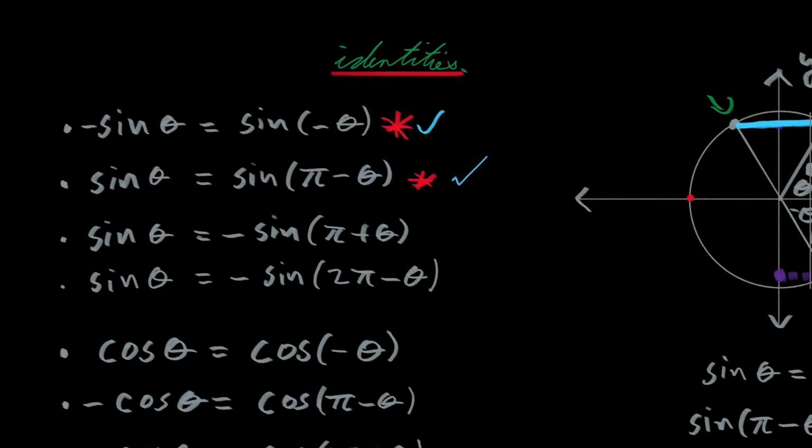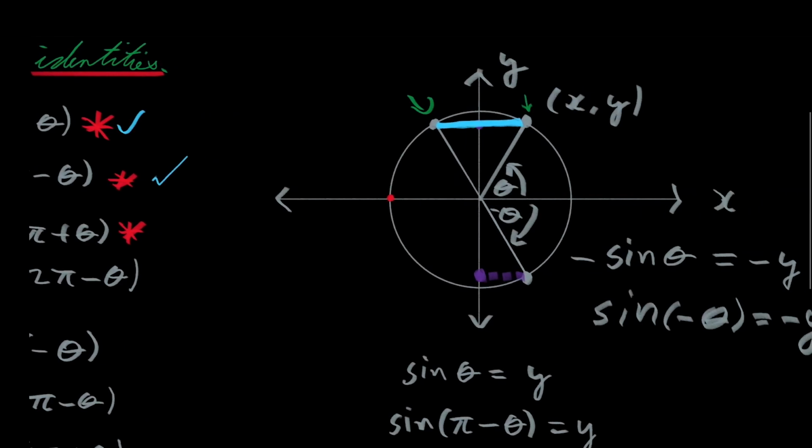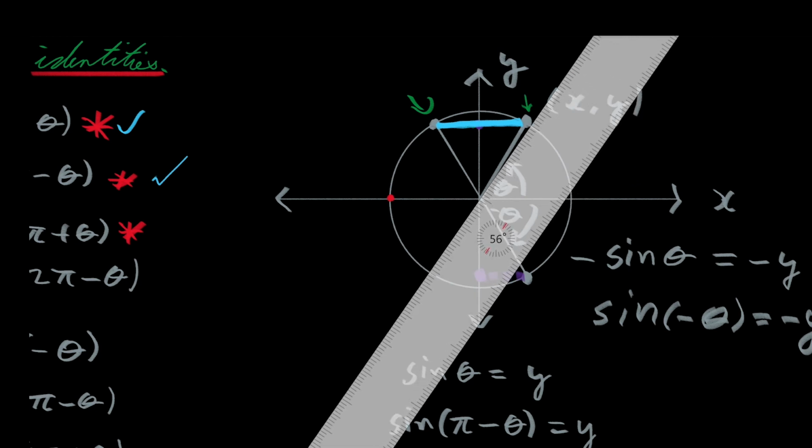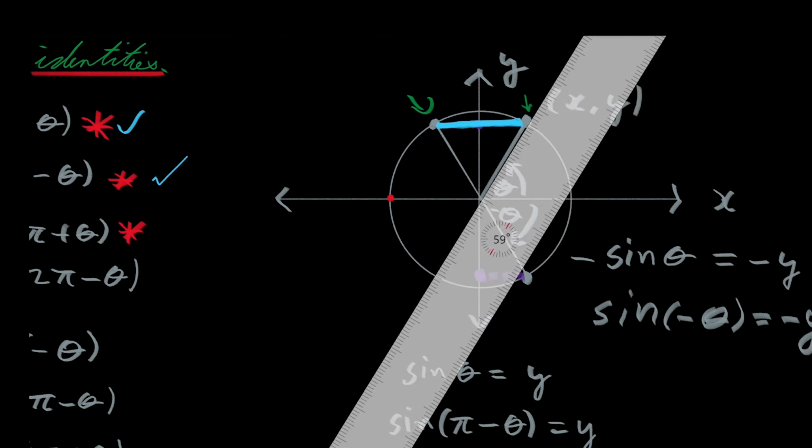Now, let's consider this one. The sine of theta equal to negative sine of pi plus theta. Well, let's consider pi plus theta. Pi plus theta would be this angle here.